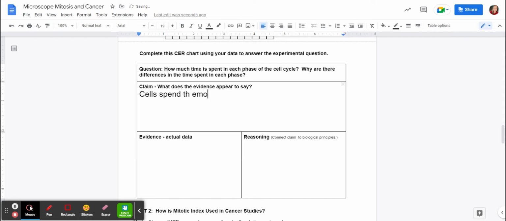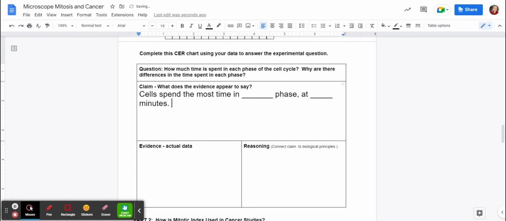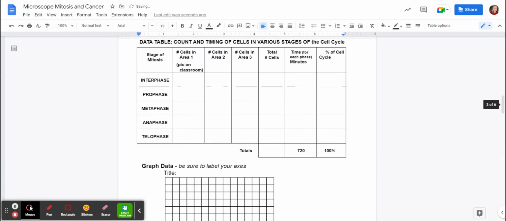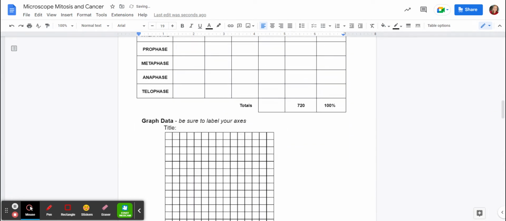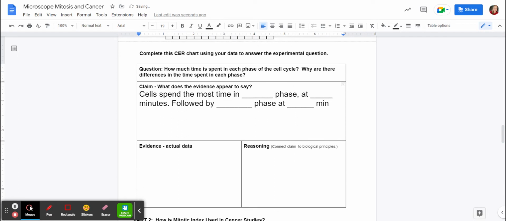Cells spend the most time in blank phase at so many minutes, followed by blank phase at so many minutes, based off of whatever you calculated in your data table up here using this time section. So everybody's answers may be slightly different. That's okay. It all needs to be based off of your data, but that's all you need to put for what does the evidence appear to say.